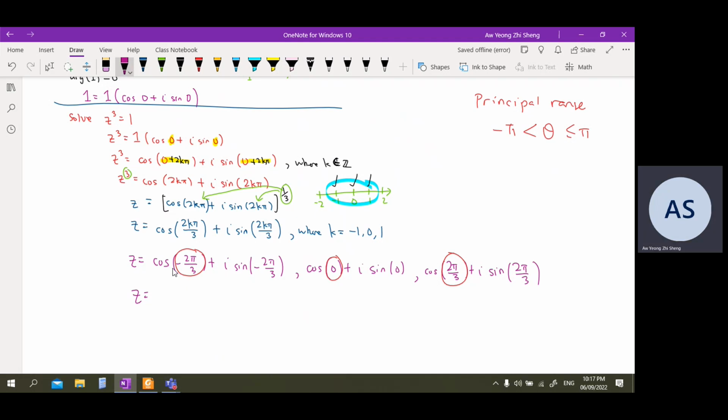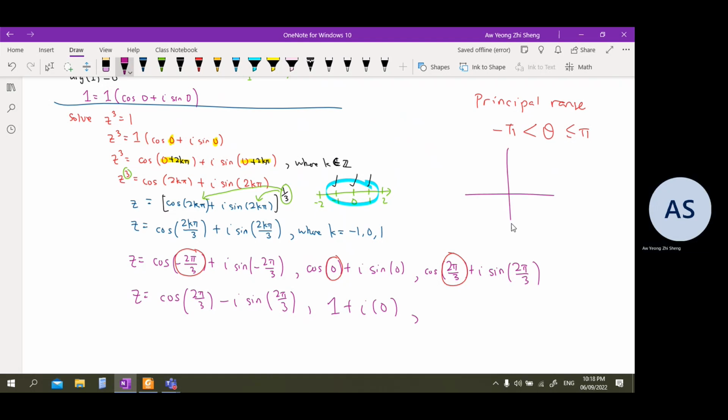For cos, you can swallow away the negative sign. So you have cos of 2 pi over 3, minus i sine 2 pi over 3, because sine can pull out the negative from the angle. And cos 0 is just 1, sine 0 is just 0.